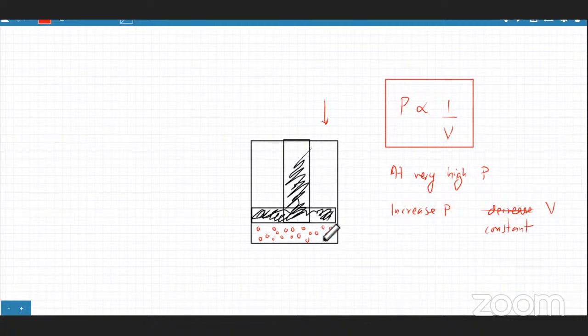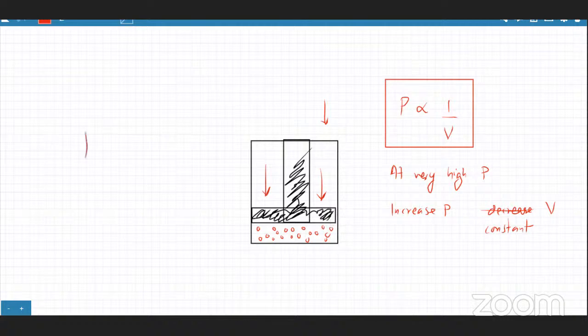No matter how much pressure you increase, the gas is not going to compress because there's no room left. You have run out of all the spaces. Is this clear? Yes. So this relationship works most of the time, but at very high pressure, we're talking about 300 atmospheres and above, this relationship actually fails. Gas becomes completely incompressible.